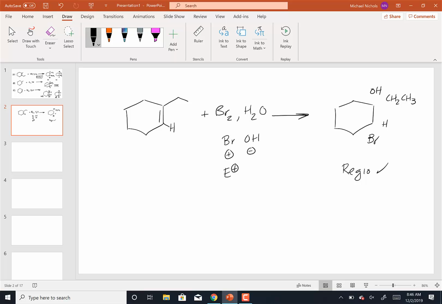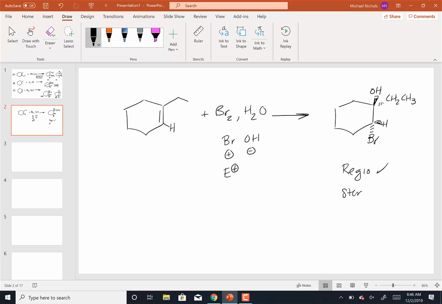How did I add the Br and the OH? 100% trans. So again, the Br and the OH have to be, in this case, bold and dashed. Did I make two chiral centers? Yes.